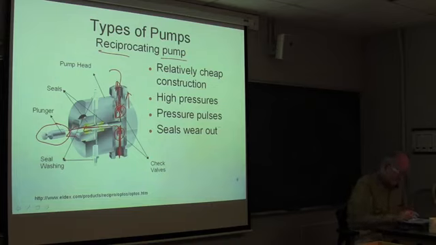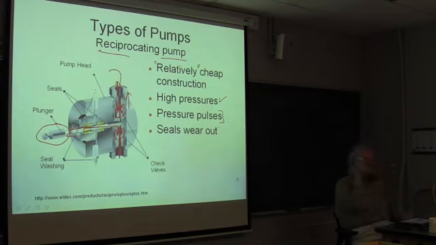Reciprocating pumps are relatively cheap. If you think of $5,000 as relatively inexpensive, then they're relatively cheap. They can get to very high pressures, like 1,000 bar, 1,200 bar. The bad thing about them is that the piston is doing this.